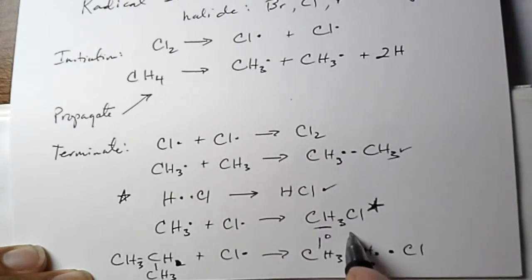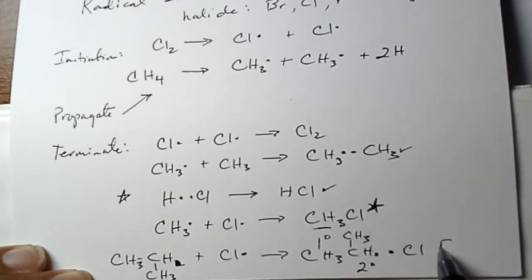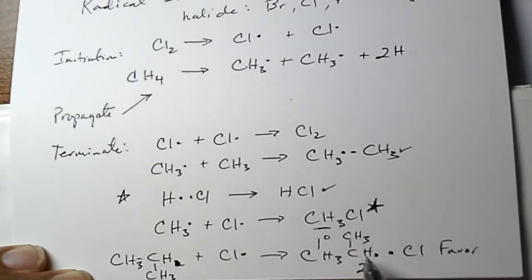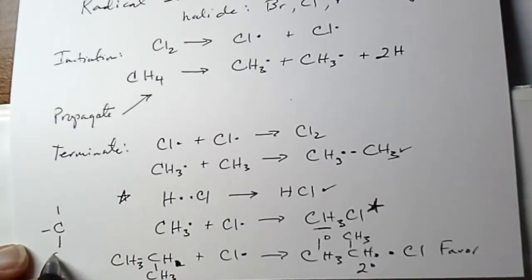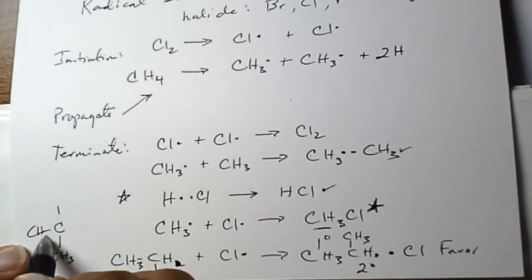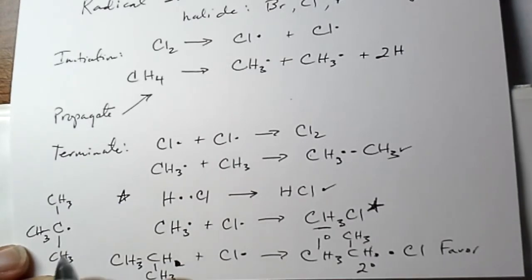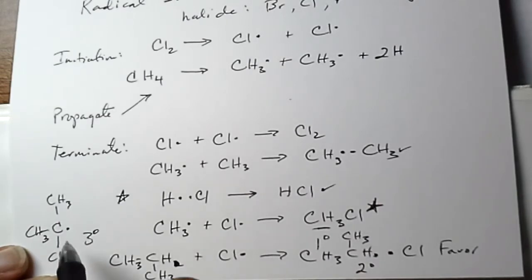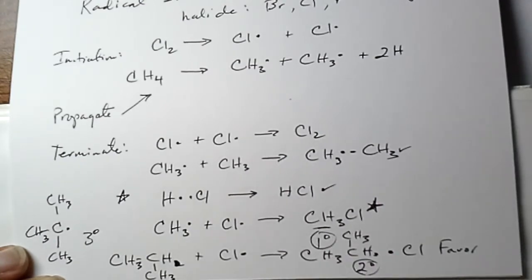Alright, so this would be our secondary carbon radical, and this actually is favored over our primary. And if we had a tertiary, which would look like this, a tertiary radical, this would be our most stable radical and would be more favored over secondary and primary.